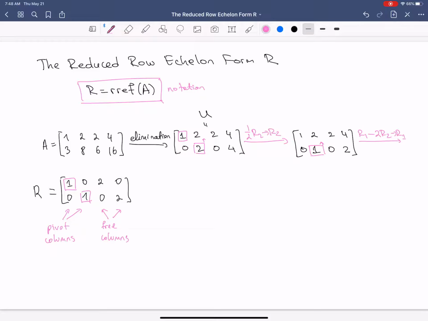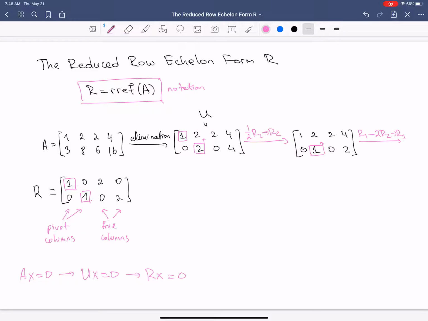Now, it is much easier to calculate the special solutions when you're looking at the reduced row echelon form of A. So just like we started with the system AX equals 0, we got to the system UX equals 0, and we continued then with elementary row operations and got to RX equals 0.